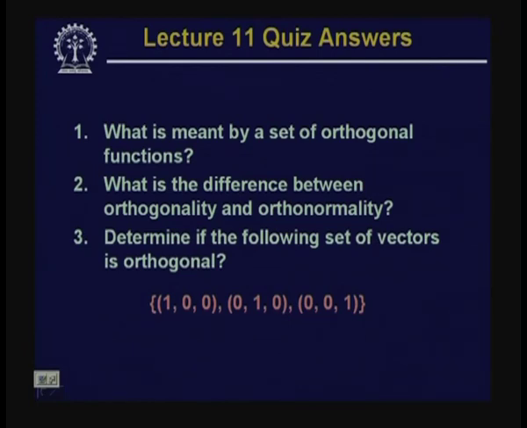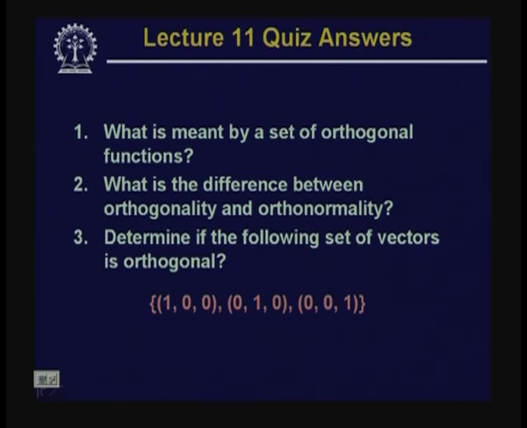Now, what you have to do is check whether these three vectors are pairwise orthogonal or not. That is, if you take the inner product of the vector with itself, you should get a non-zero value, and if you take the inner product of two different vectors, you should get a 0 value.